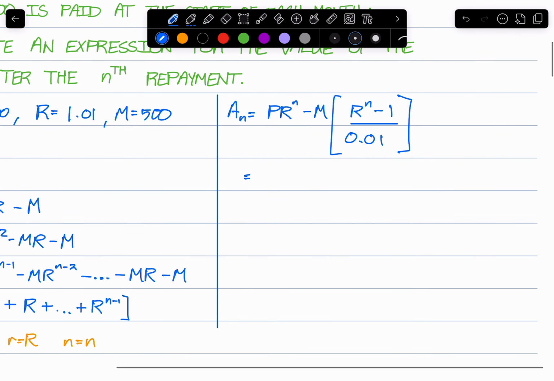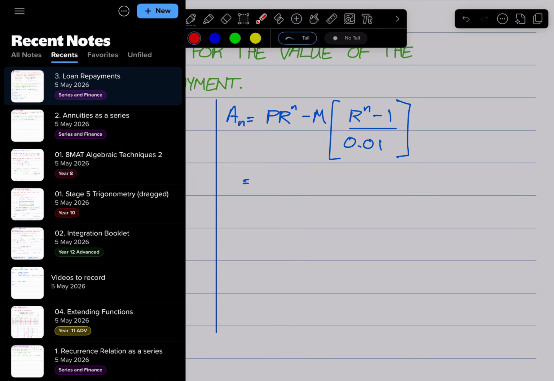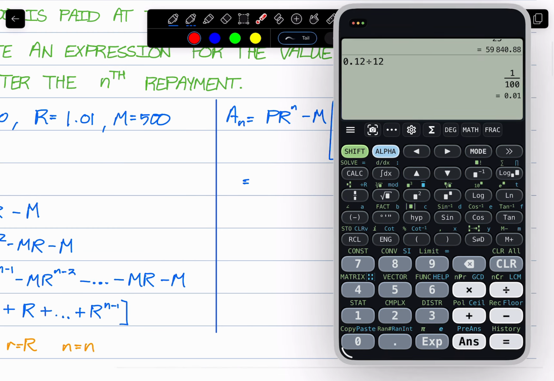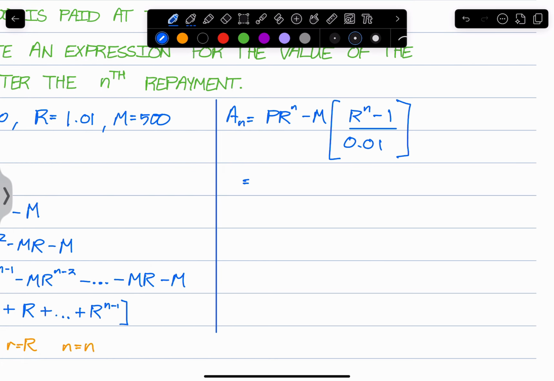Now, the reason why I do this is the M can be divided by 0.01. Think of that as 1 divided by this expression. So 1 divided by 0.01 gives me 100M, times R to the n minus 1.